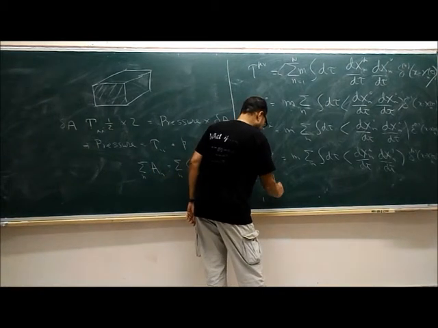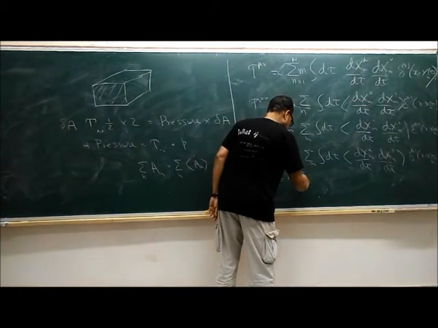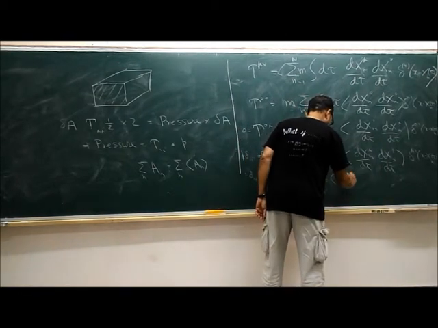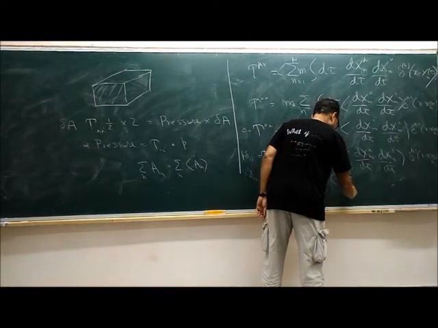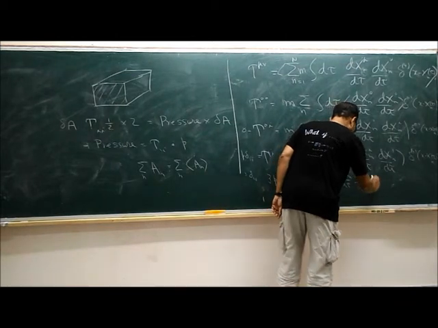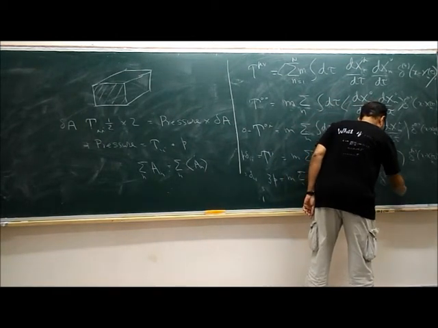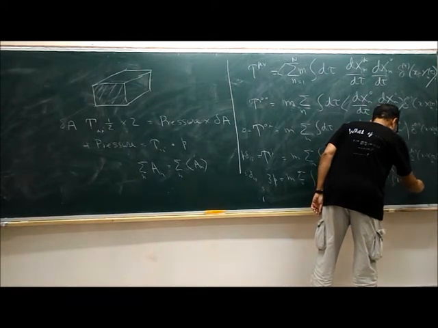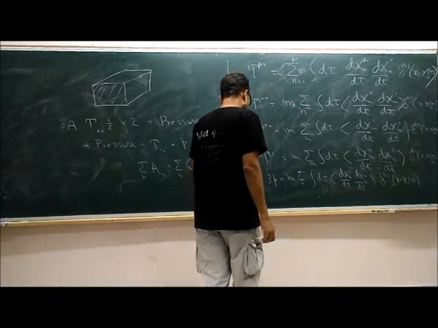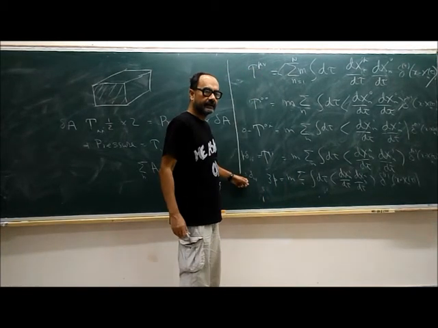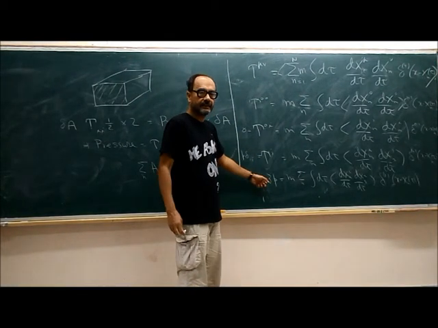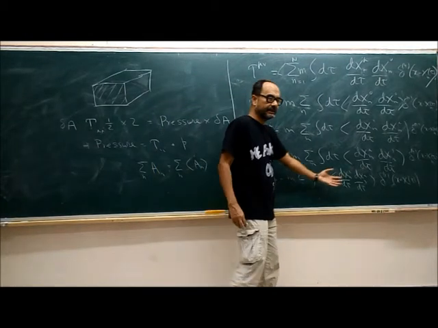So you will get 3P equal to m, sum over n. I multiply and contract; contraction means I am summing over i. That's why it becomes 3P here, and the right hand side becomes this.